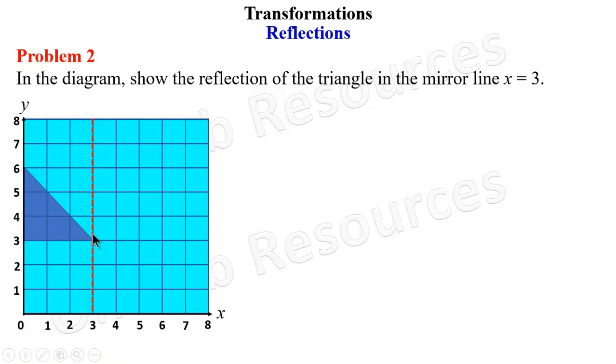As you can see, there is no distance from this vertex to the mirror line, which means the image is also going to start from here and we then move 3 units to the right. So we have the base here and the height is going to be 1, 2, 3 units also. It's 3 units upward, then you now join.